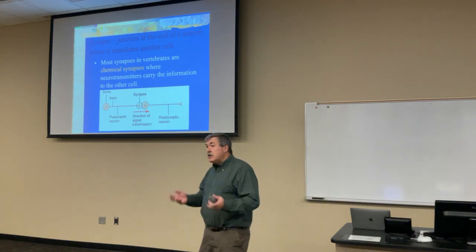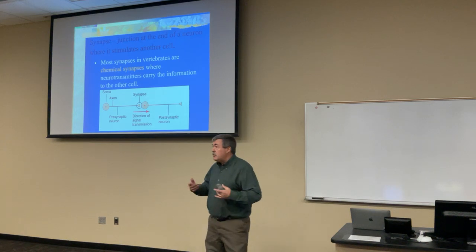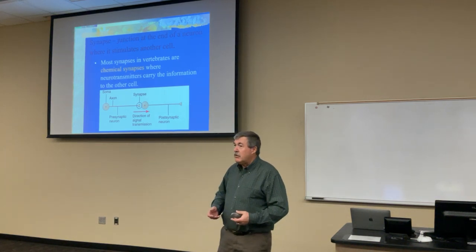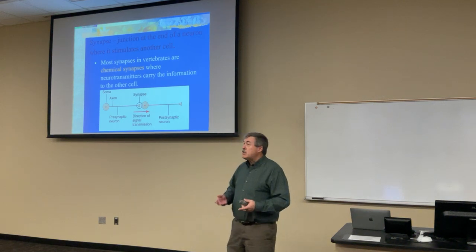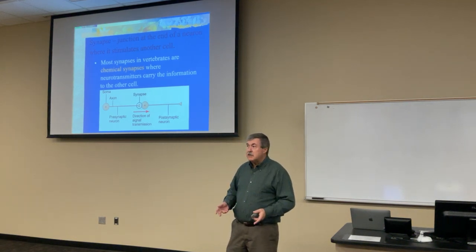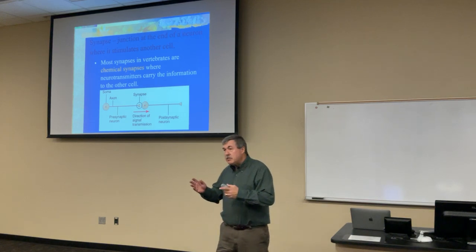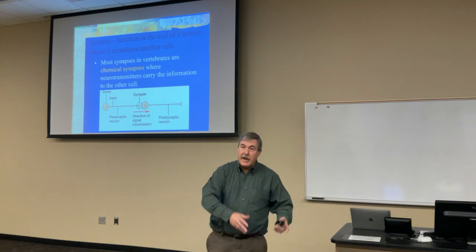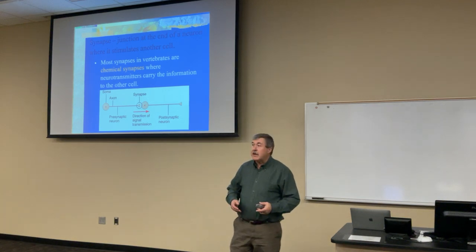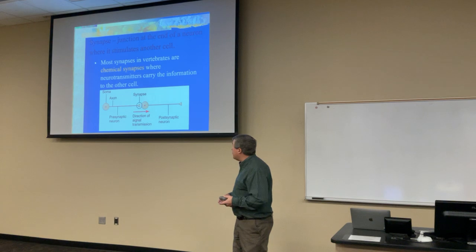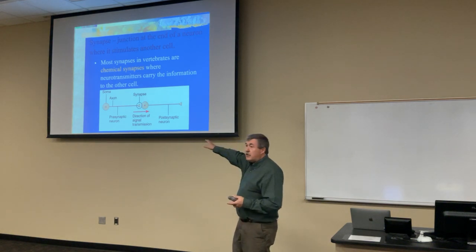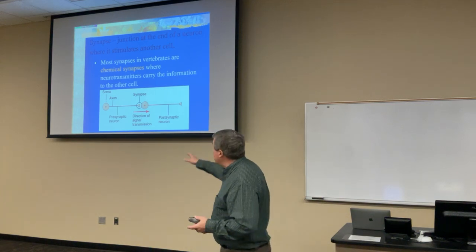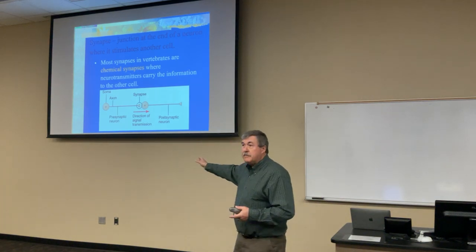And most synapses in all vertebrates, humans, birds, cats, dogs, all animals that have a backbone, are chemical synapses, because the transmission from the first neuron to the next cell is by way of a chemical called a neurotransmitter. Okay? So this is a simple schematic diagram of one neuron stimulating a second neuron.